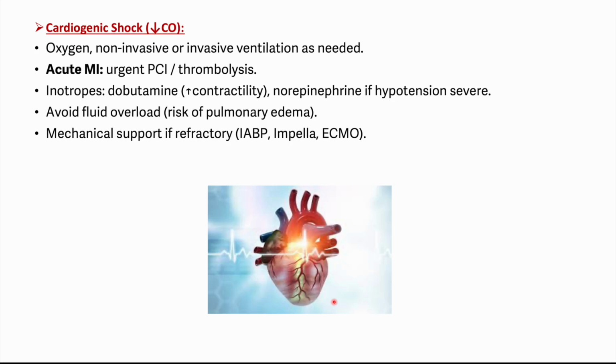In acute MI, we should go for urgent PCI or thrombolysis, then inotropes, and avoid fluid overload, which can lead to pulmonary edema. Then mechanical support, like ECMO, as I said in my previous videos, if refractory to these managements.